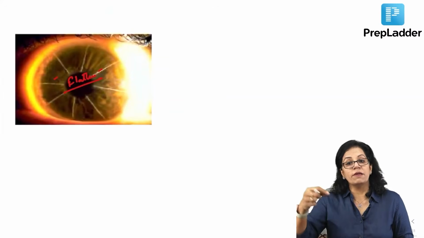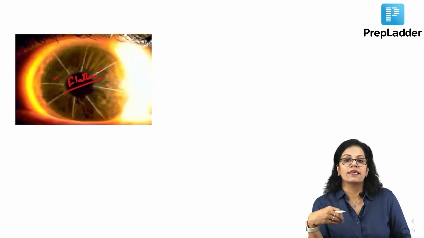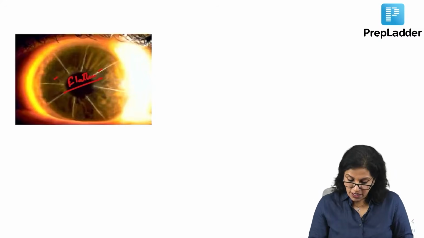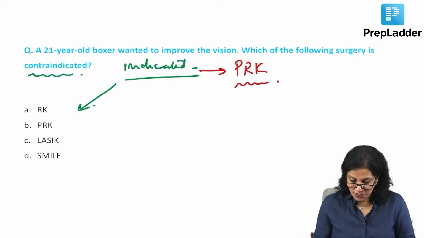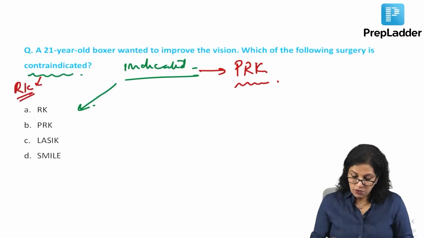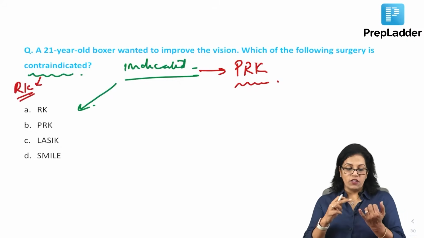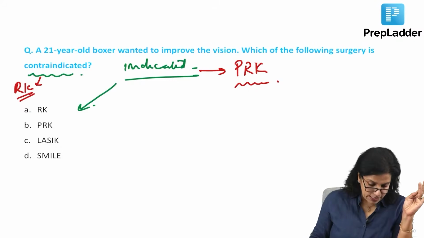If I am giving multiple cuts in the cornea, with any impact in the eye, this can actually almost give way, isn't it? So, it is very, very risky. So, if the question was contraindicated, I would mark RK. And if it is which one you have to choose, now think, RK I cannot choose. LASIK and SMILE, one of you has said SMILE.